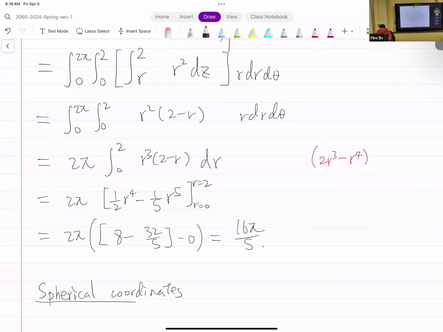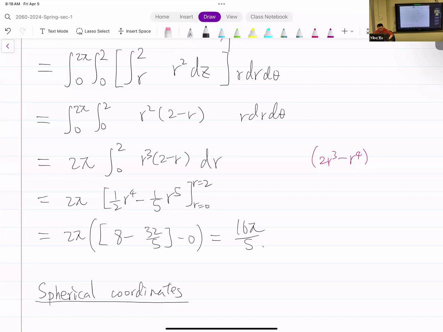So just be reminded that for the cylindrical coordinates, we only translate the x and y coordinates. Okay, so instead of using x and y, we use r, the distance from that point to the z-axis, right?